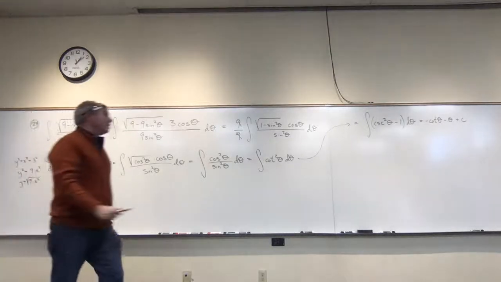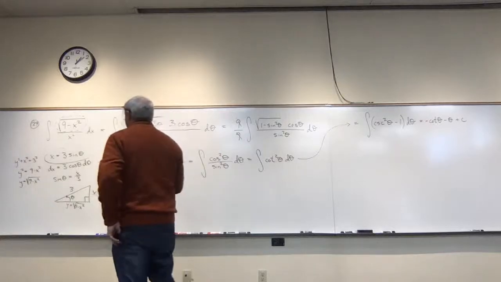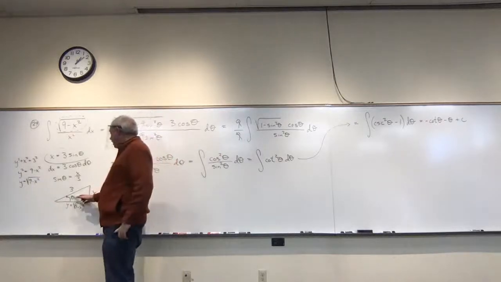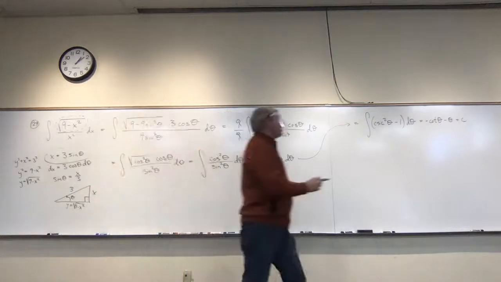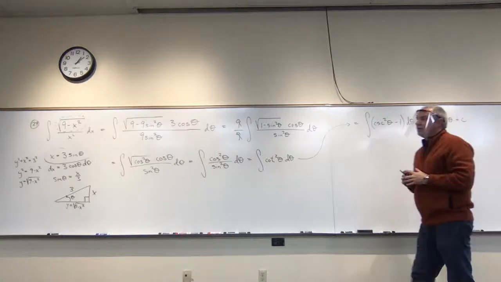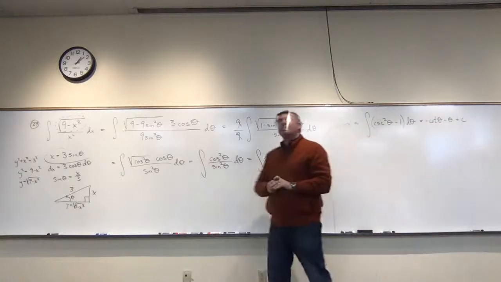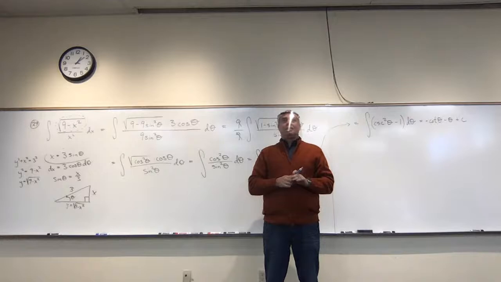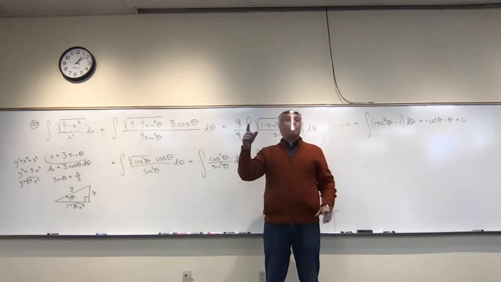Okay. Now what? Well, now I can look at, if this is theta, I know the sides of the triangle. And I want to know, okay, what's cotangent of theta? Well, what's tangent? It's the opposite over the adjacent, right?